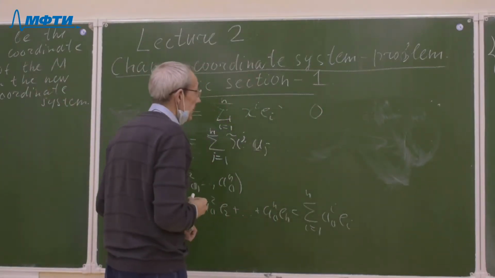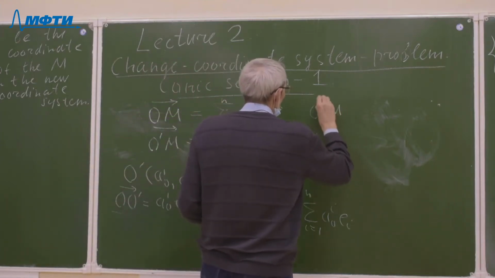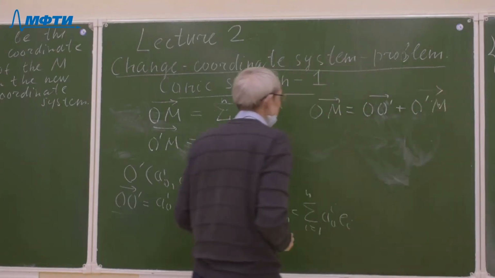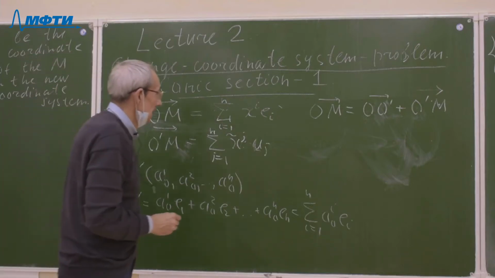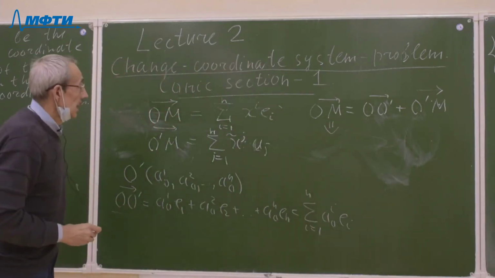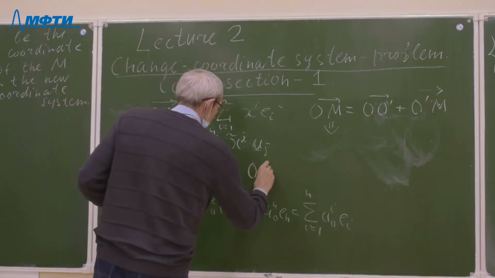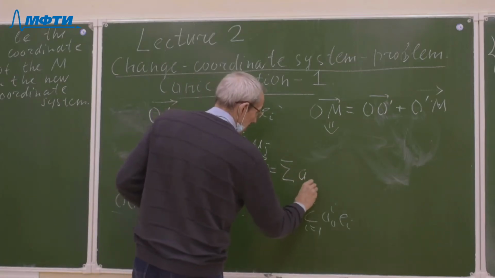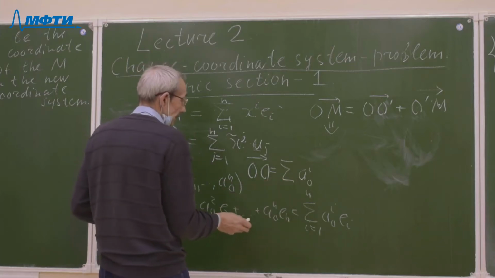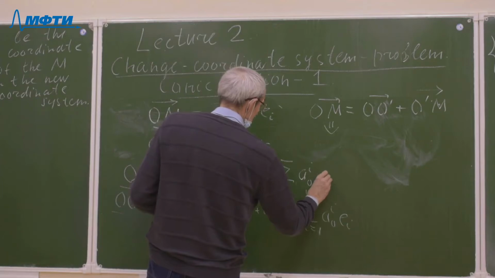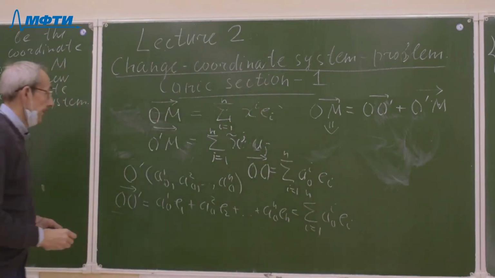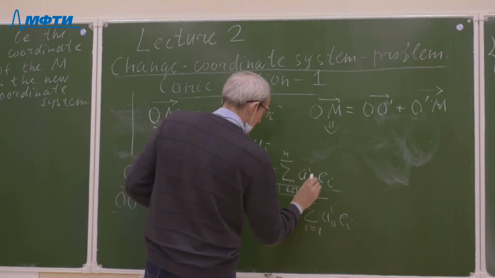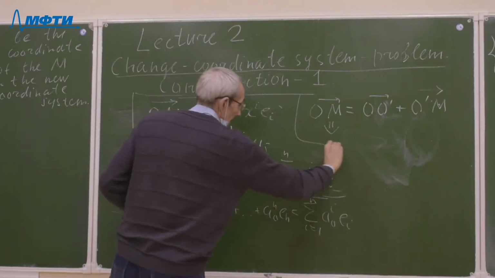And we have the following equality: OM is equal to OO prime plus O prime M. And we have also the third equality: OO prime is equal to the sum of ai0 ei. We have the following three equalities.